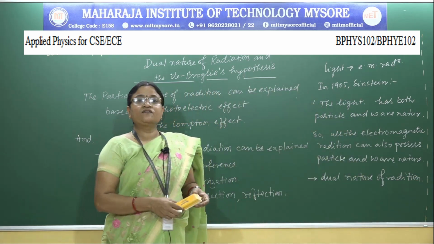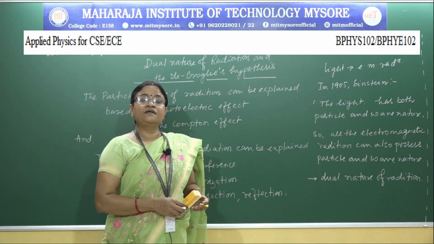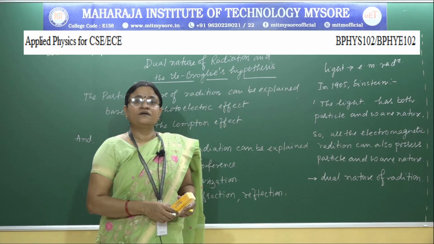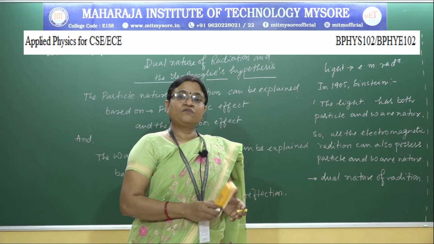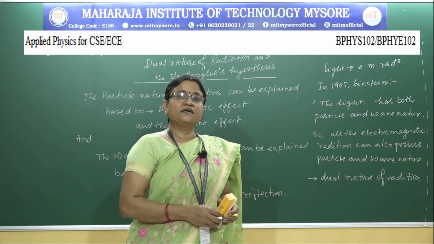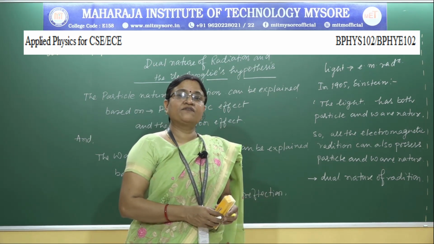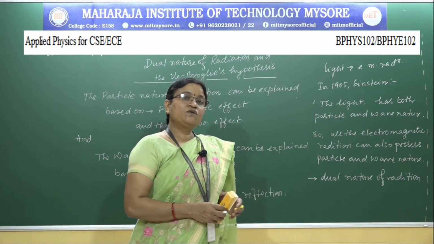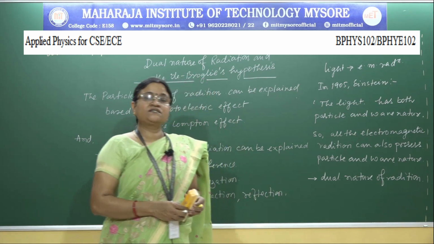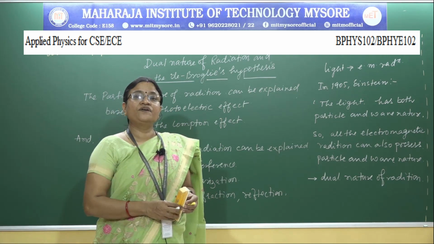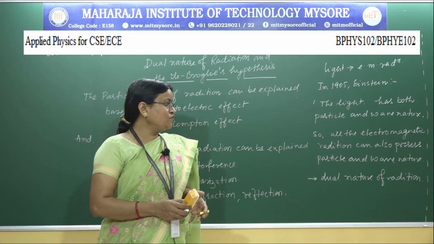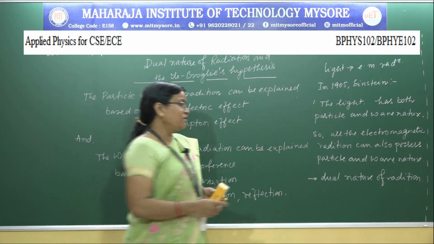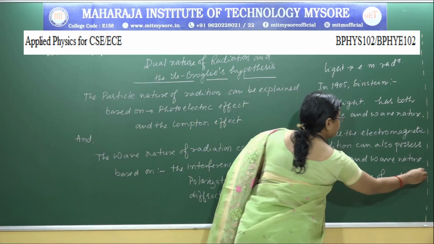As light is a kind of electromagnetic wave, in 1905 Einstein explained that the light possesses dual nature as it has both particle and wave like nature. So, all the electromagnetic radiations also possess wave like nature, and this phenomenon was known as dual nature of radiation.